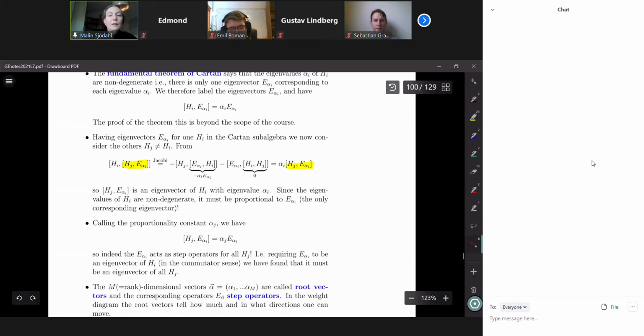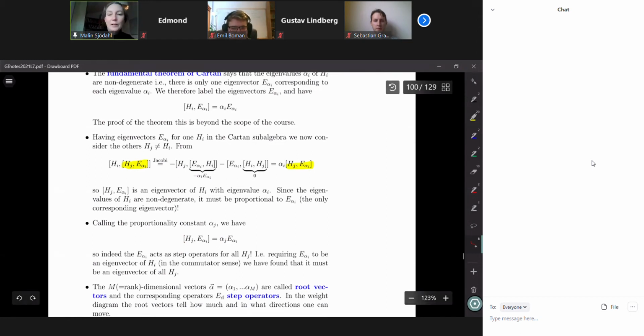So we have required this for a certain Hi, and we had the same relation for another Hj, only with some other eigenvalue alpha j.